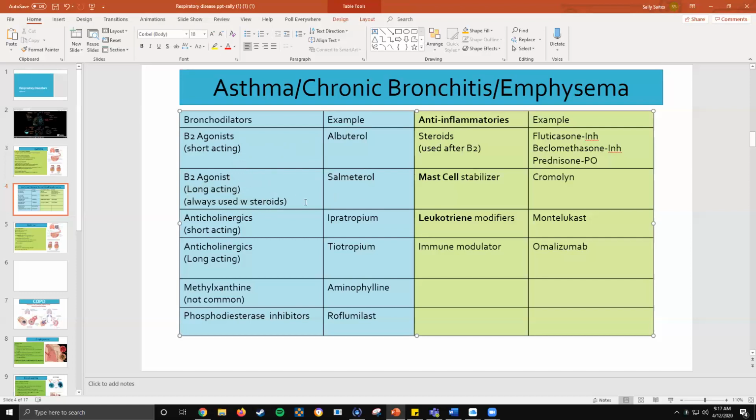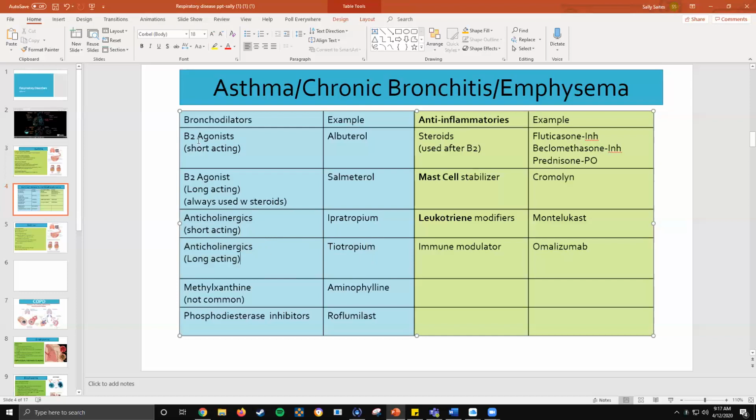If a patient can't tolerate the beta-2 agonist, which is the sympathetic nervous system agonist, then the doctor can also prescribe anticholinergics. For these, it's ipratropium and tiotropium, and the ipratropium is short-acting, and the tiotropium is long-acting.